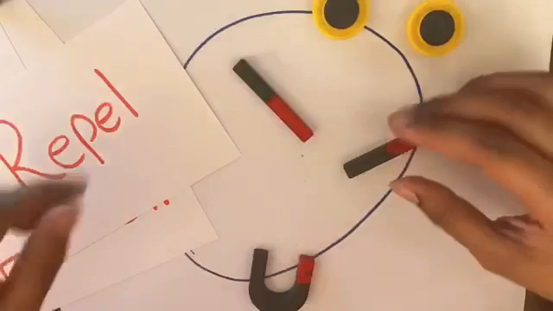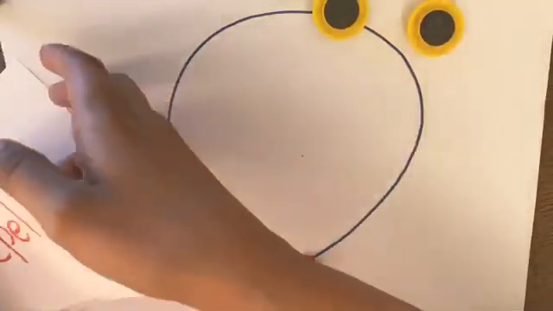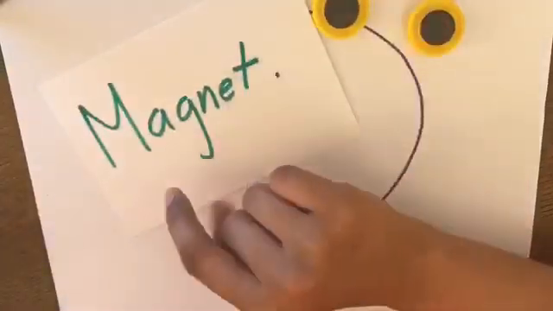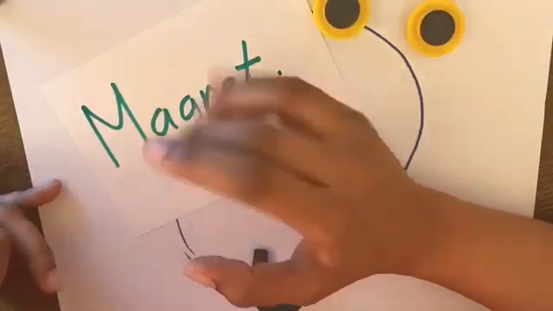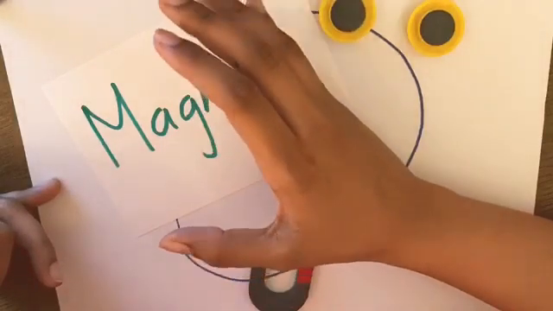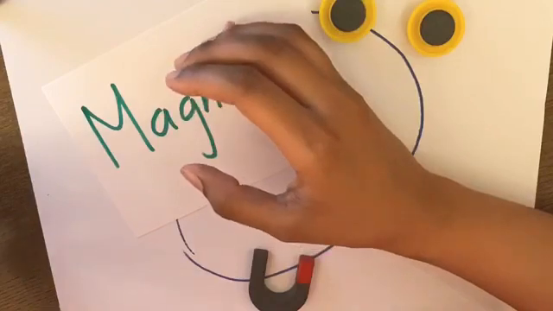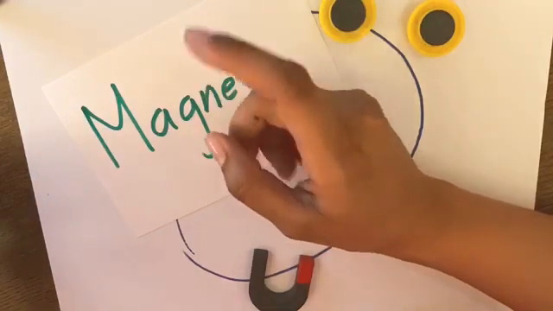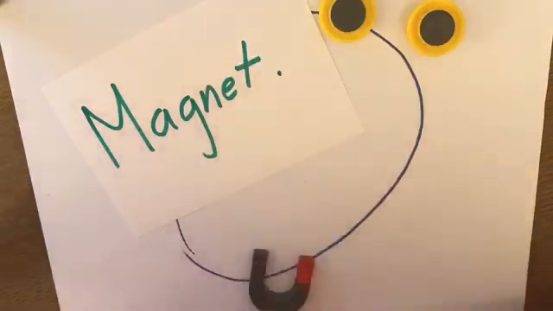Now, let me say it again from the beginning. I showed you magnet, and we know a magnet is an object that pulls things made of iron and steel, all right? And also a magnet can push or pull other magnets, all right?